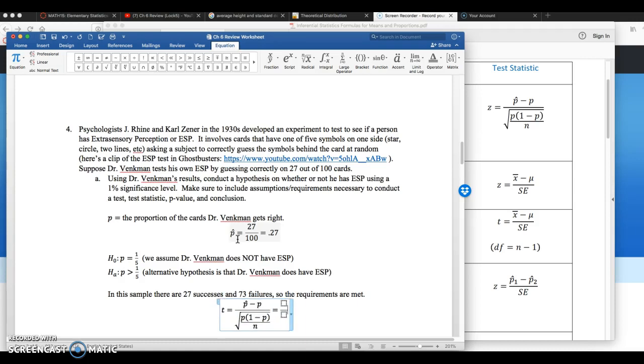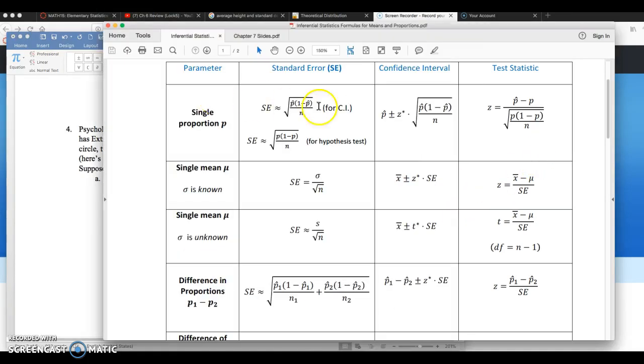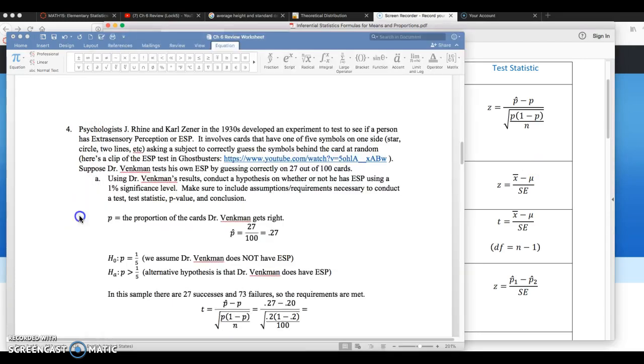In this case, p hat is 0.27 minus p is 1/5, which is 0.20. And at the bottom, I've got the square root of 0.2 times 1 minus 0.2, all divided by 100. Notice when we're doing a hypothesis test, that standard error is from the null hypothesis p.